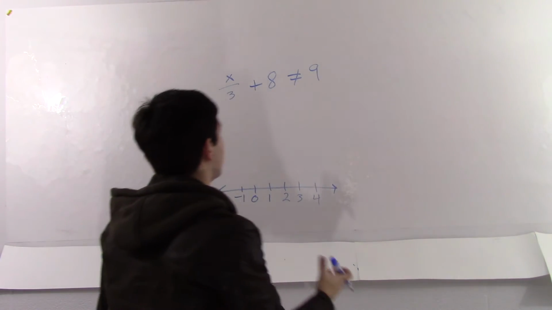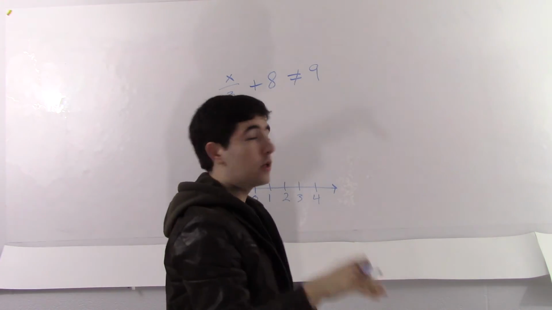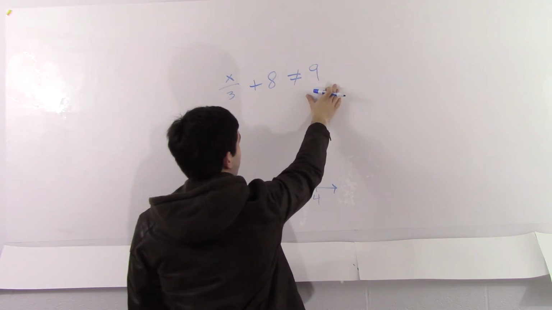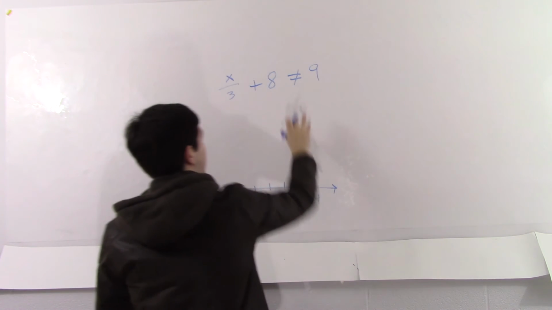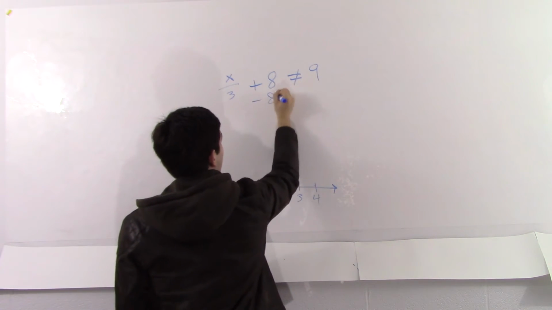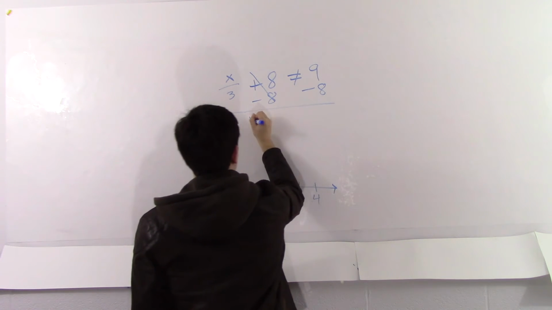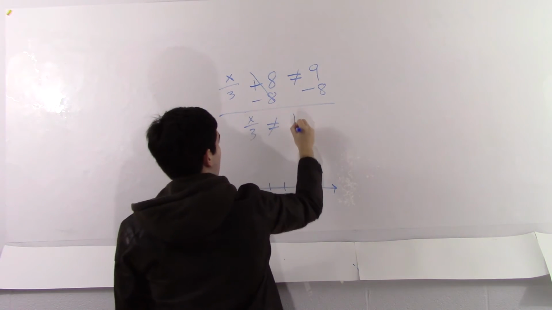Here we have another example of an inequality, except we're not using a greater than or less than or equal to sign. We're saying that x cannot be equal to a certain value. So again, we're going to treat this like a regular equation, treat this like an equal sign. We're going to isolate x, subtract 8 first. So then we're going to have x over 3 is not equal to 1.